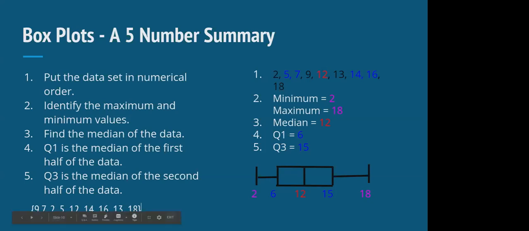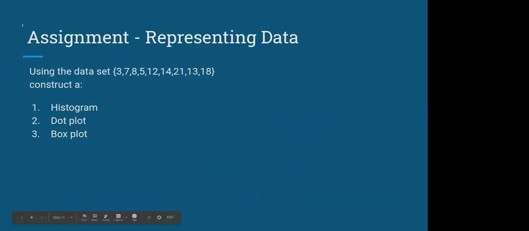All right, so here's what I want you all to do. Using this data, I want you to construct a histogram, a dot plot, and a box plot. You know what? You don't even have to do the dot plot because there is no repetition. So how about this? I just want you to do the histogram and the box plot.